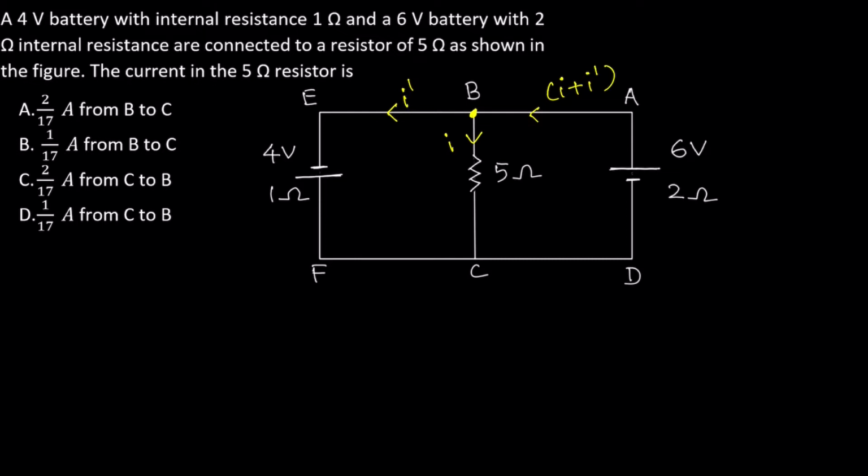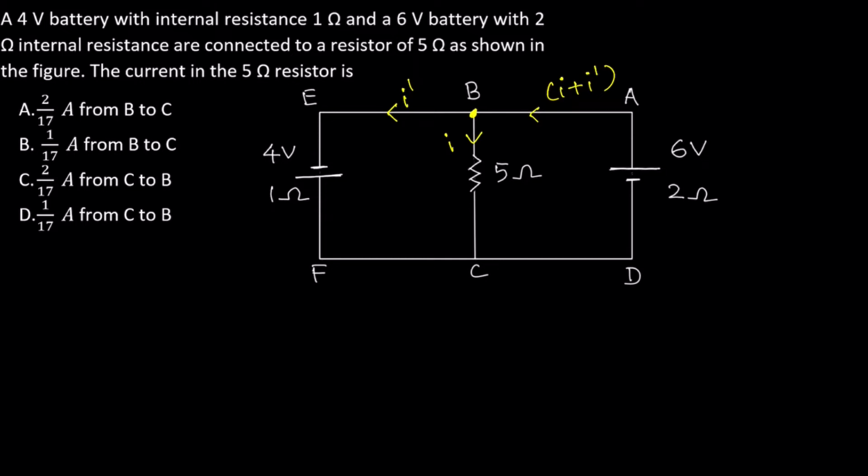So we have two unknowns here, I and I prime, and we are after the value of I. Whenever you are solving such circuits, it's always recommended that if possible, use Kirchhoff's junction rule right on the diagram, so that you reduce the number of variables. I think you will reduce it by 1. So it's always a good idea to show currents like this.